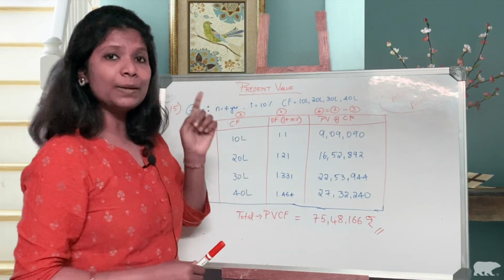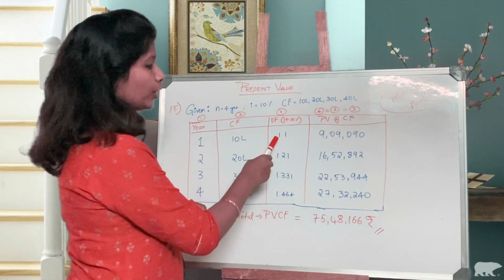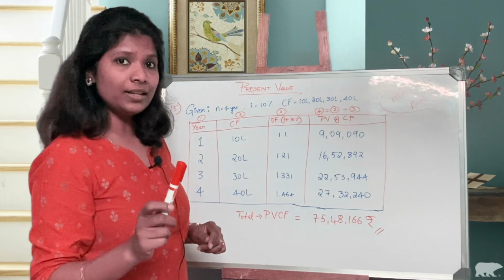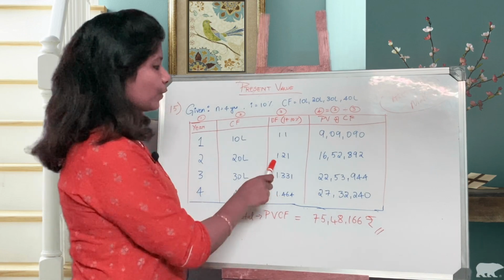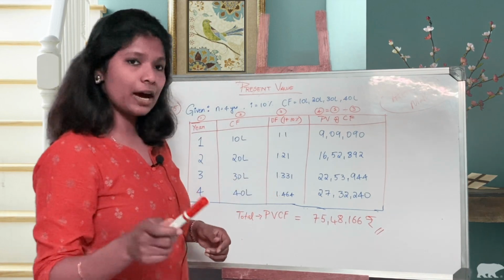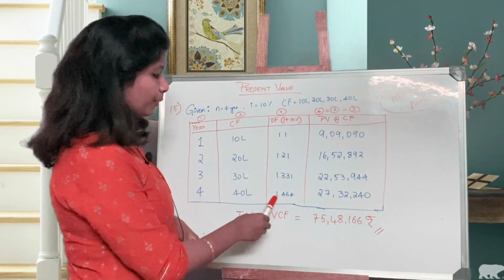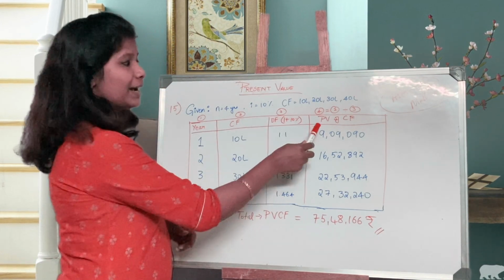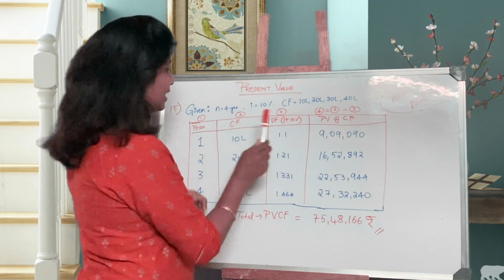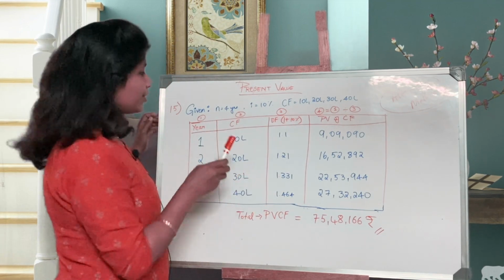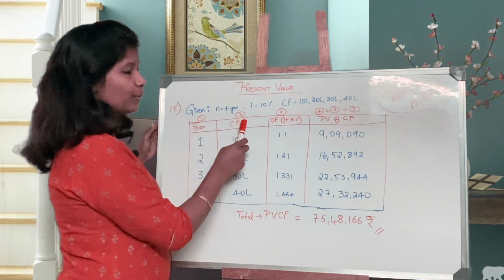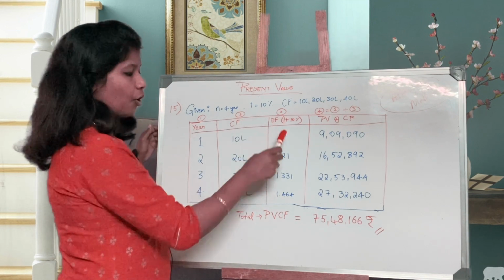That is 1 plus 0.1 is 1.1. 1 plus 0.1 to the power of 2 is 1.21. 1.1 to the power of 3 is 1.331. 1.1 to the power of 4 is 1.464. So for my last column, for easy remembrance, I've given you the column numbers: column number 1, column number 2, column number 3.